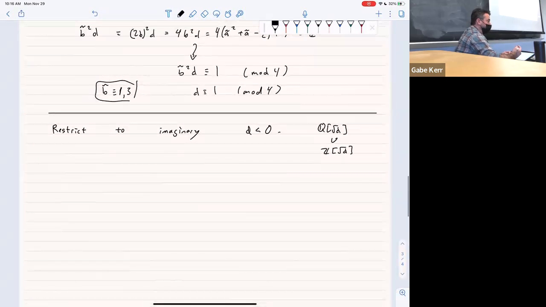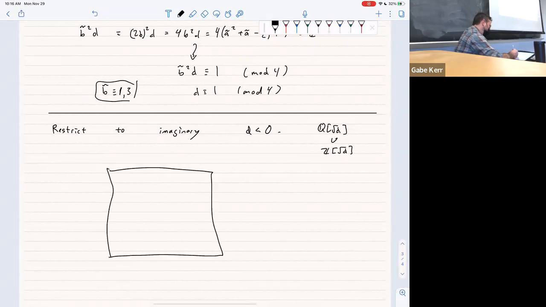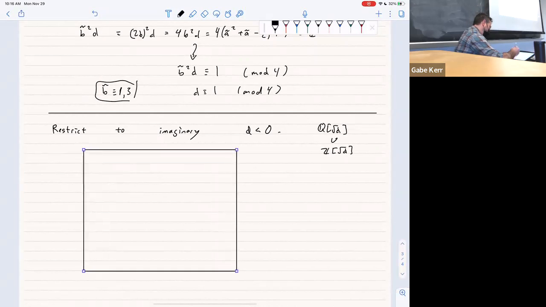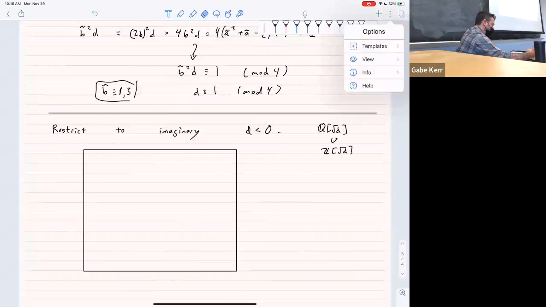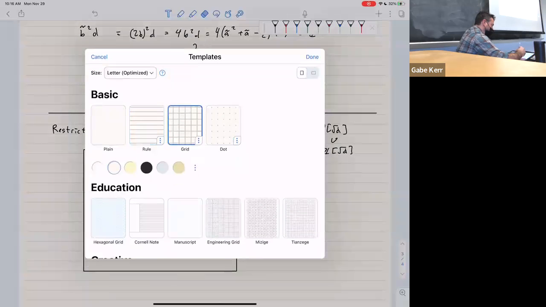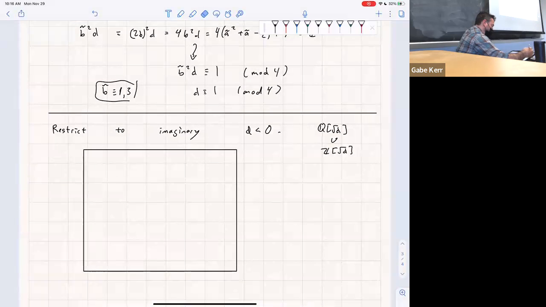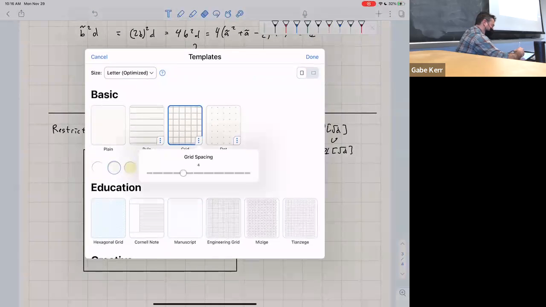Now we get a picture. These are elements of the complex plane. And we have the integers.